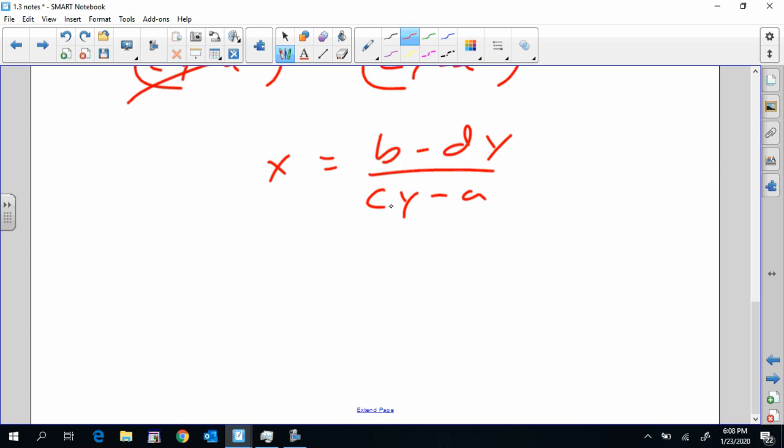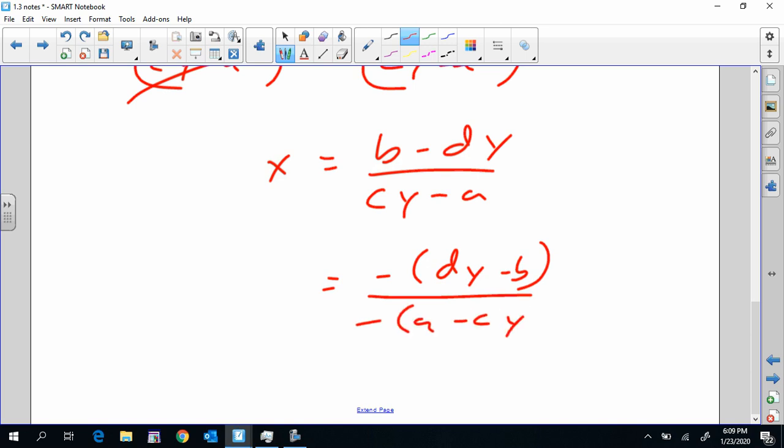If you got a multiple choice test, couldn't somebody have factored the numerator -1 out and the denominator -1 out? And wouldn't that switch the signs and change the orders? Couldn't you have negative dy minus b and negative a minus cy with the negatives canceled out?